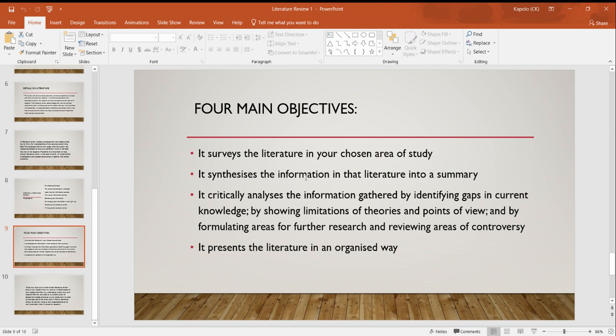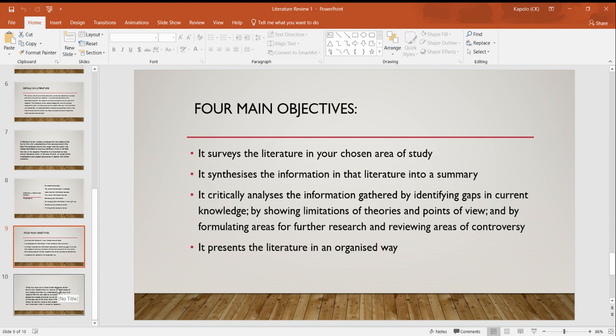And it critically analyzes the information gathered by identifying gaps in current knowledge, by showing limitations of theories and points of view, and by formulating areas for further research and reviewing areas of controversy. The last point is that it presents literature in an organized way. So those are the main four objectives of literature review.